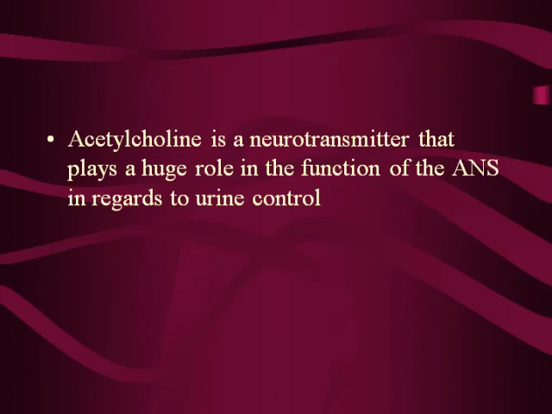Basically that center gets input from reflex centers in the spinal cord and coordinates activity of the detrusor muscle and the external sphincter. So it all works together via that pontine micturition center and all the many nerves that run through the spinal cord.